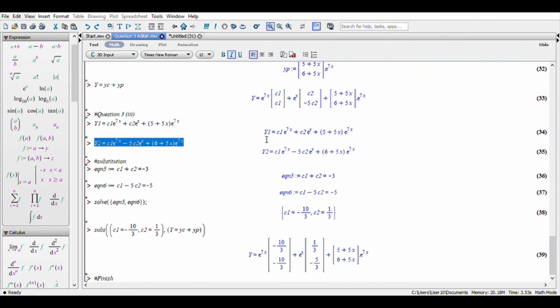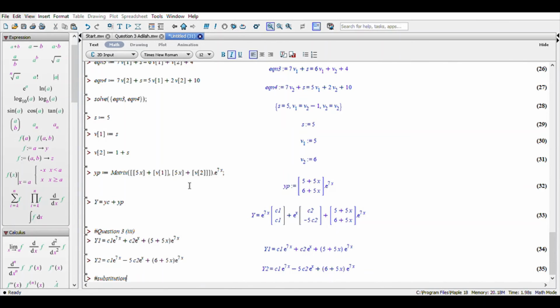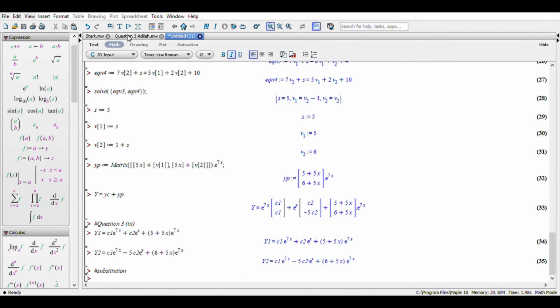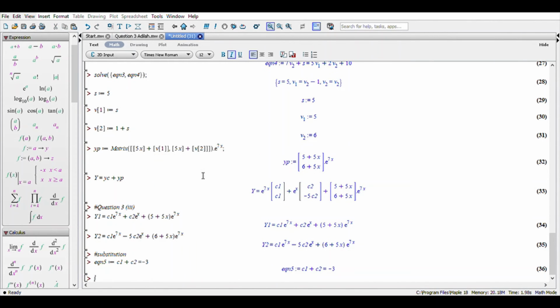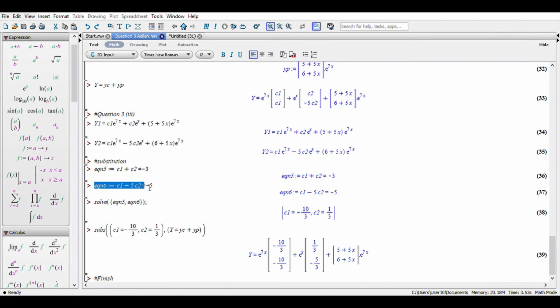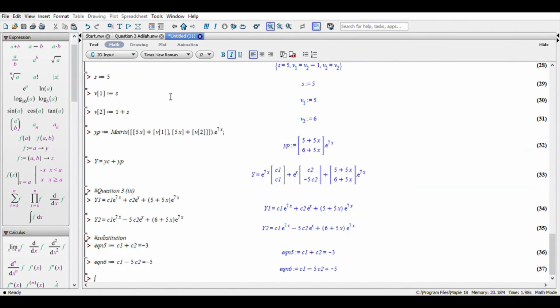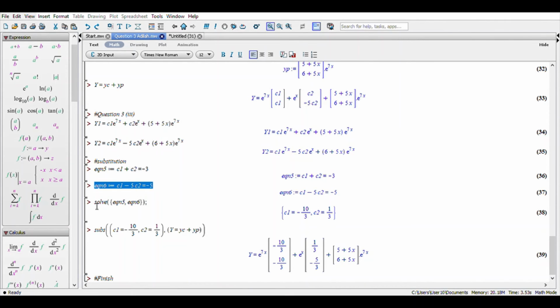And then in this part, in the real calculation, we use substitution, but in this simulation, I will form simple equations, which are C1 plus C2 equal to -3, and C1 minus 5C2 equal to -5. And then we solve it.